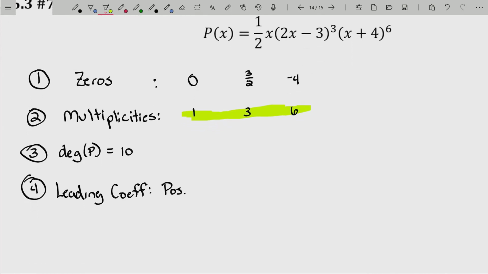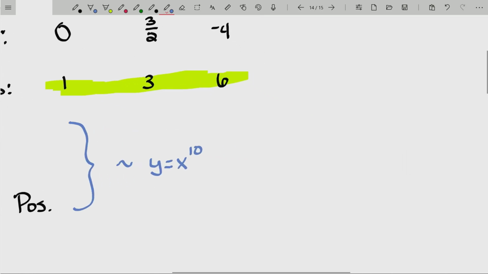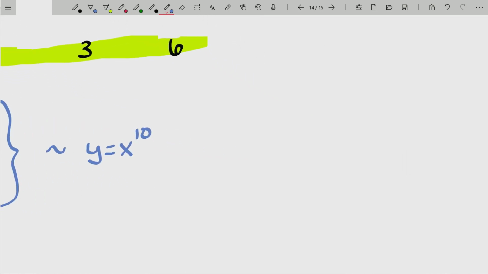And it's degree 10, so I happen to know that this whole entire polynomial will look like roughly y equals x to the 10th power in the long run, which tells me the end behavior. The end behavior acts like x to the 10th, and we know x to the 10th looks like a parabola.